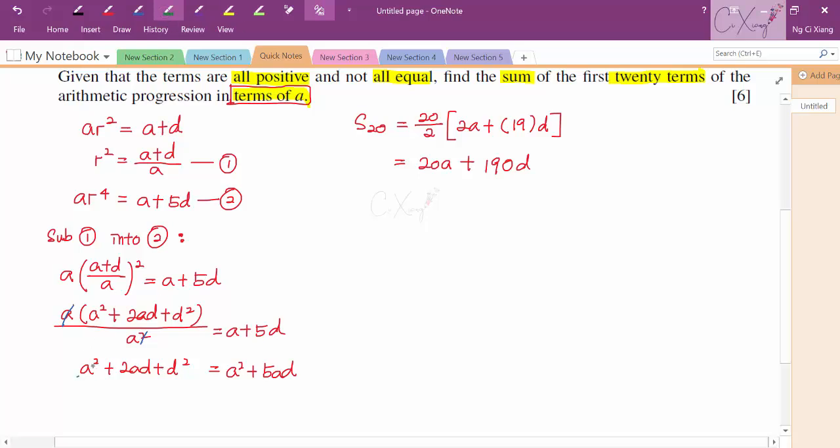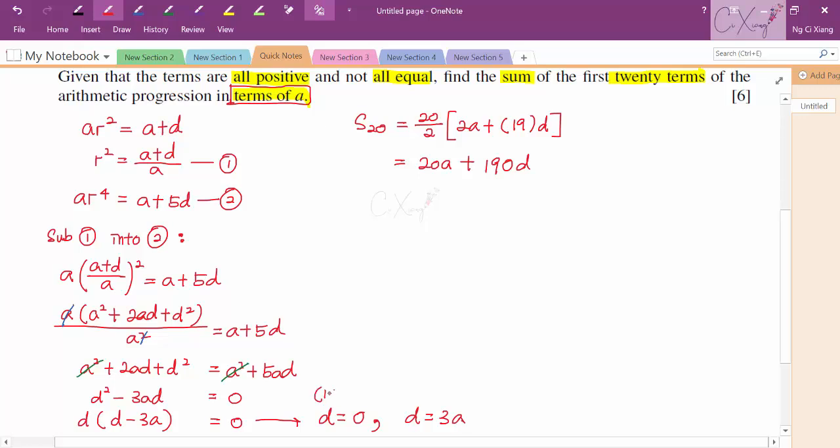You can see that A squared and A squared cancel off, and I have D squared minus 3AD equals 0. Factorizing out the D, I have D times (D minus 3A) equals 0. So we get two values for D: D equals 0 and D equals 3A.